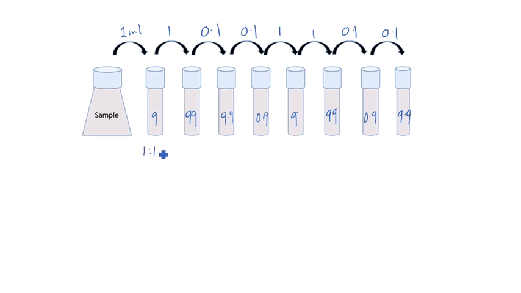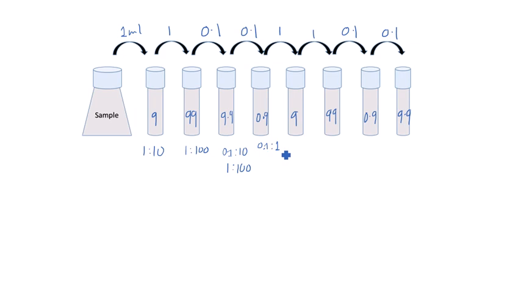If you just look at the numbers, it's easy to see 1 in 10. So you do 1 in 10. This is 1 in a total of 100, so write 1 in 100. 0.1 in a total of 10, so remove the decimal, 1 in 100. This is 0.1 in a total of 1 ml, because 0.1 plus 0.9 is 1 ml.